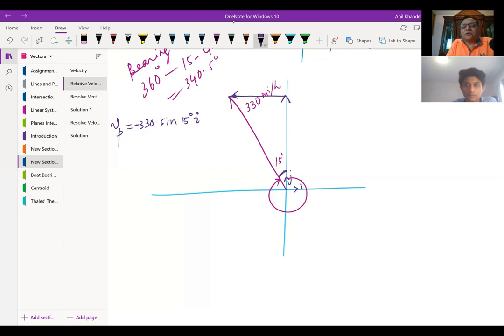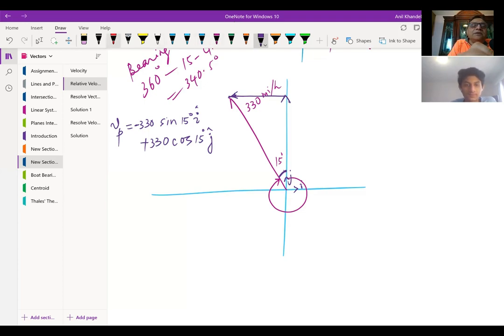So that is the x component. And the y component will be positive 330 cos of 15 degrees j. Unit vectors we put a cap on, so i and j are unit vectors.